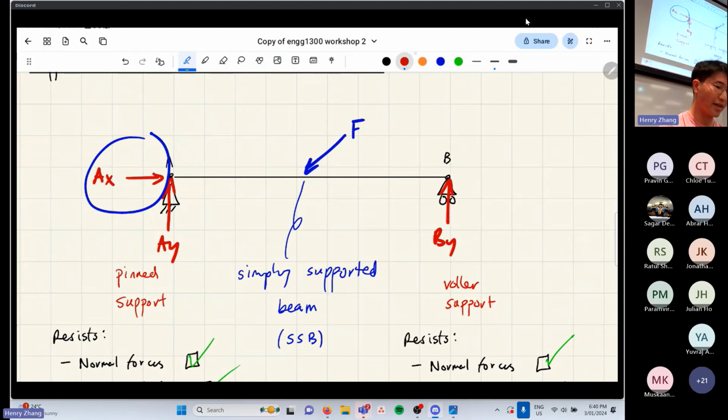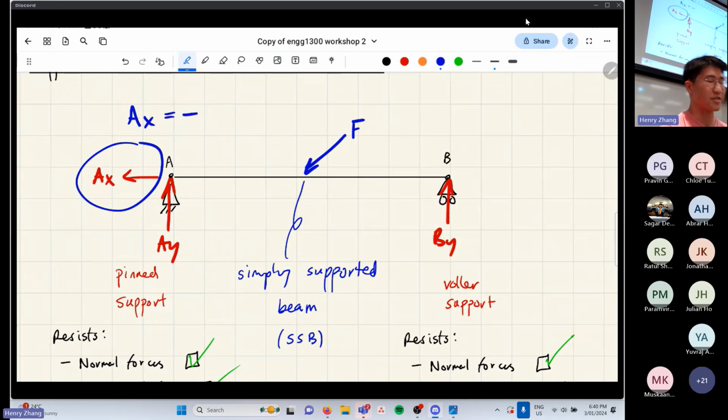And so we get AX as some positive number, right? But if we assume the other direction for the arrow, like that, AX is going to be some negative number. And all that means is that it's some negative magnitude, and our arrow is resisting in the opposite direction to what we assumed.